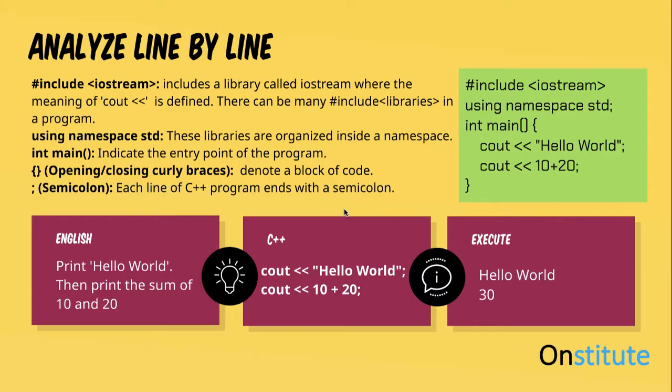The next part is using namespace std. Although we are not going to discuss namespaces in great detail in this 101 course, just for your understanding, all these libraries are organized in a nice fashion inside several namespaces in C++. And this iostream library is organized inside a namespace called std.